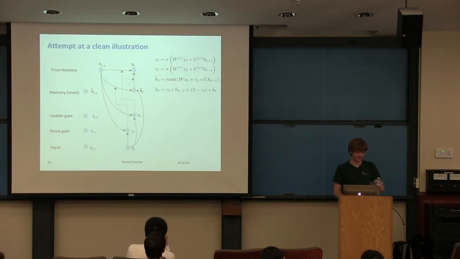Yes, there is. In some ways, if you only had RT here, let's say you didn't have HT tilde, but HT tilde would just directly compute HT, then at this time step you would always take into consideration the word vector somehow. But maybe you want to entirely ignore the word vector.